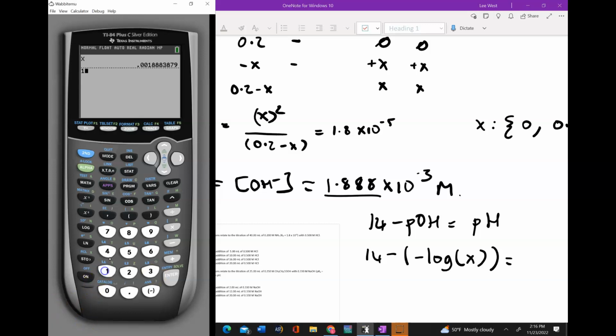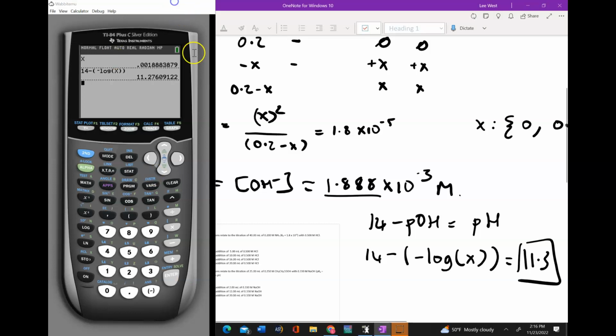So I'm going to do 14 minus negative log of x, and it should be basic, right? So it ends up being 11.3.